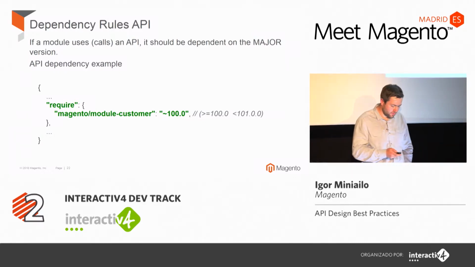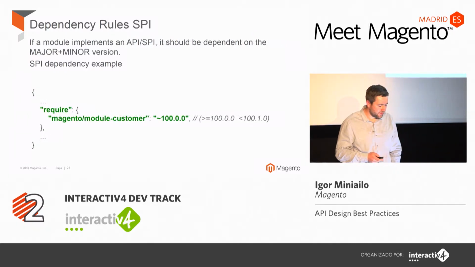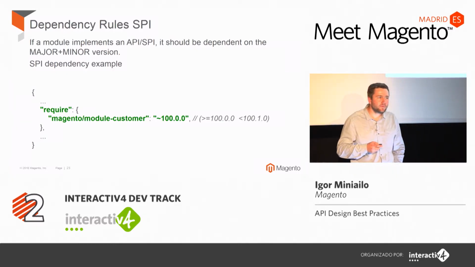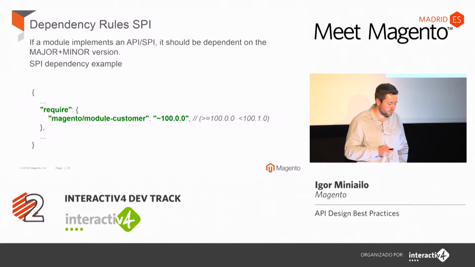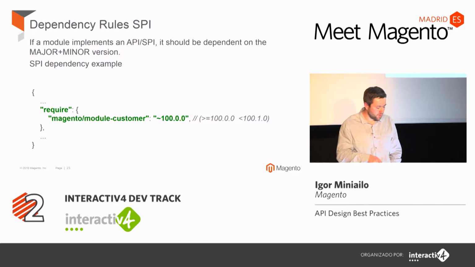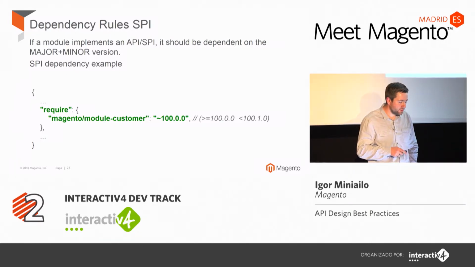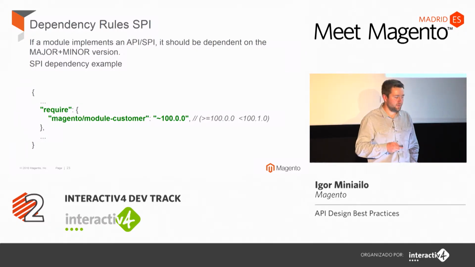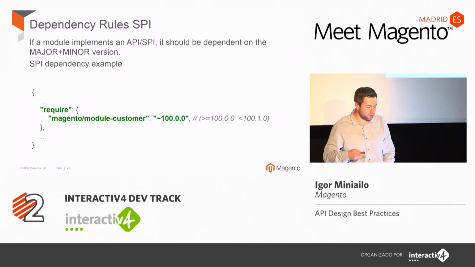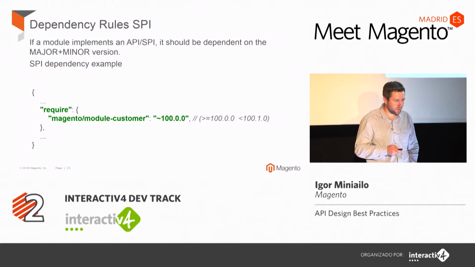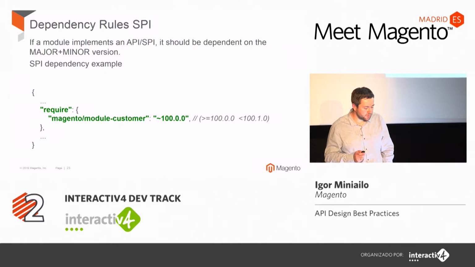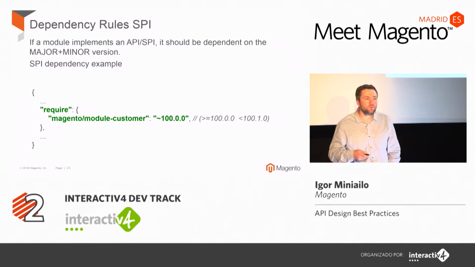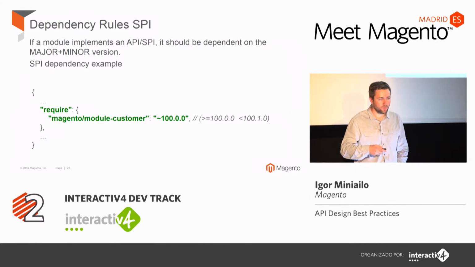But if you provide your own implementation of, for example, the customer repository, so you are using interfaces declared in the customer module in an SPI way, you're supposed to specify the dependency on both the major plus minor version, because you can freely upgrade your module just in the scope of patch version upgrades. That's pretty important because following these rules, you can be safe upgrading Magento to the next version.